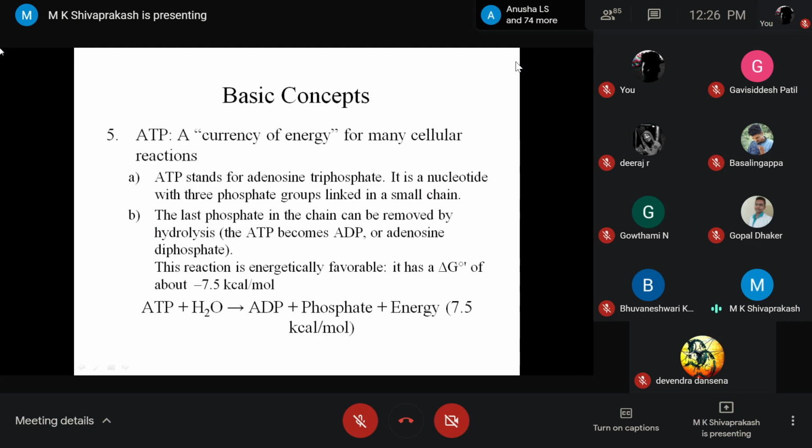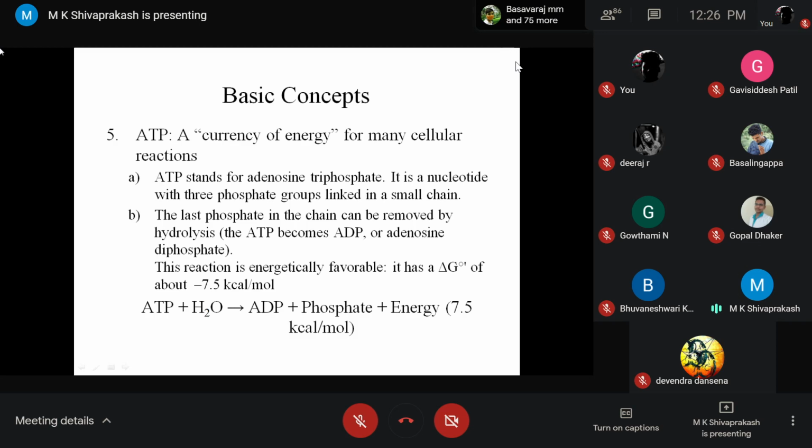Then another thing: in all these things we talk about how energy in a biological system is realized. It is not realized like paper currency that we use. It is realized in the form of a chemical energy currency. How is it realized? The most universal one is ATP, adenosine triphosphate, also referred to as the currency of energy, which is used in many cellular reactions.